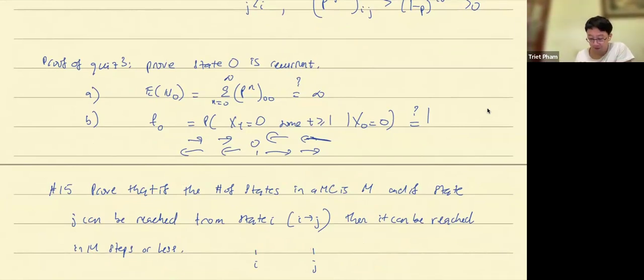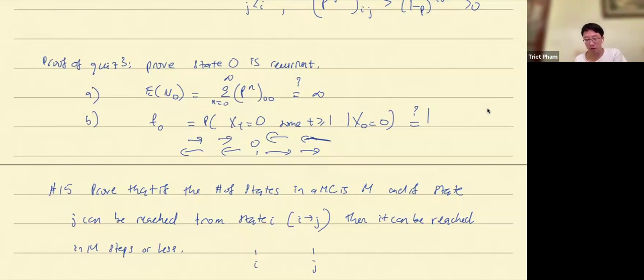Because you can just keep trying to avoid J until you have to hit J. But of course, the tricky thing about this question is that you can return back to I. So somehow you have to remove the cycle back to I to make sure that you can do it in M steps or less.